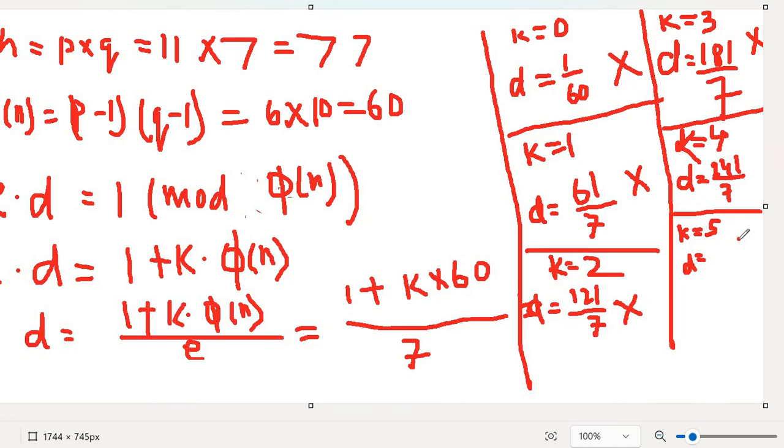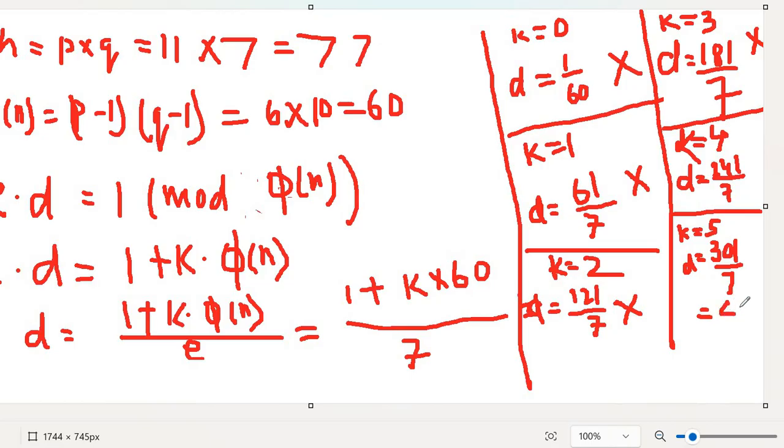60 into 5 means 300 plus 1, 301. We will divide it by 7, 7 fours are 28, then 7 threes are 21, so 43 we will be getting. So 301 by 7, you will get 43.